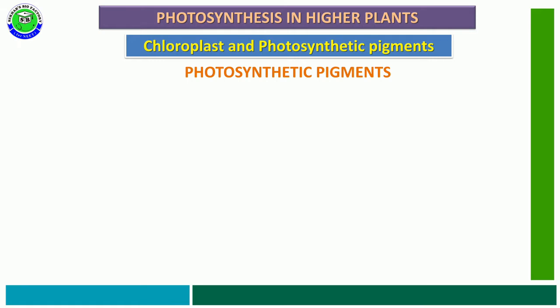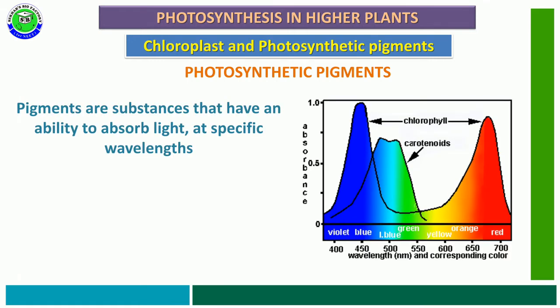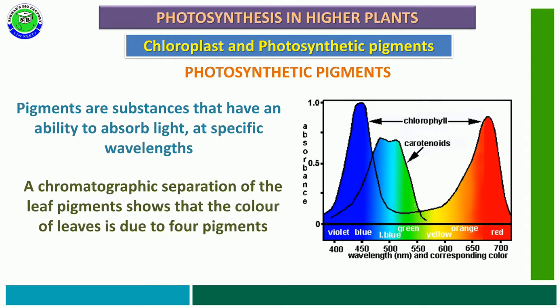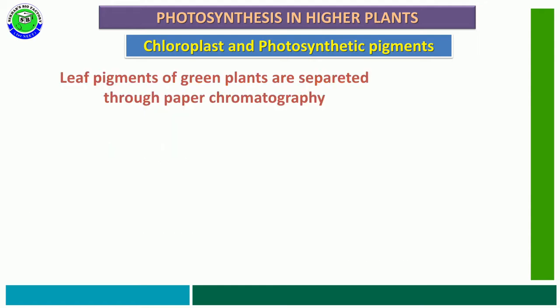And photosynthetic pigments. Pigments are substances that have the nature and ability to absorb light energy at different and specific wavelengths. And chromatography is a technique useful for the separation of leaf pigments, and it shows that the color of a leaf is due to four pigments.